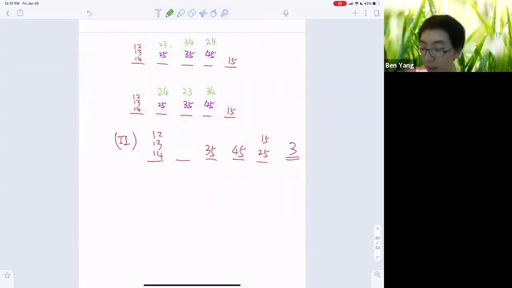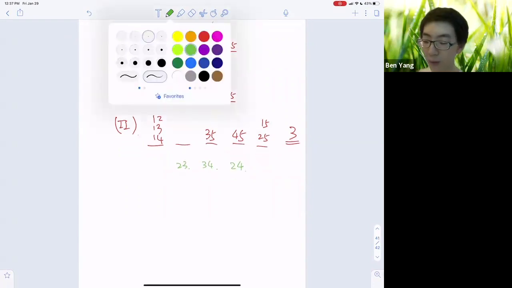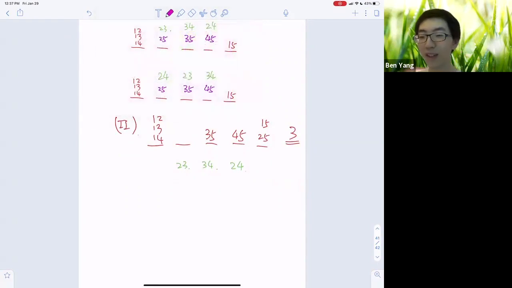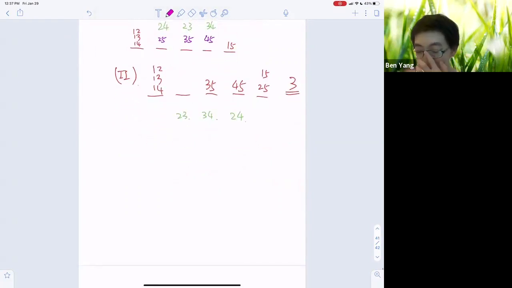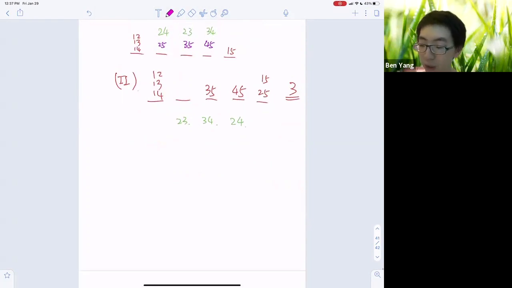Again, we're left with 2, 3, 3, 4, and 2, 4. Let's do casework again. Where should this 2, 3 go? Well, we could put 2, 3 in the second box.